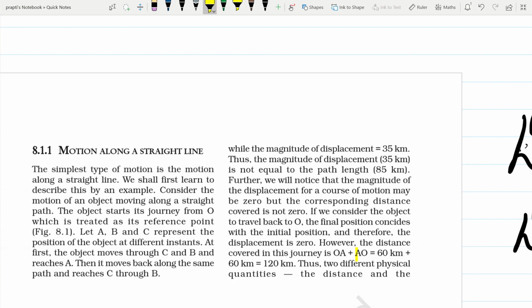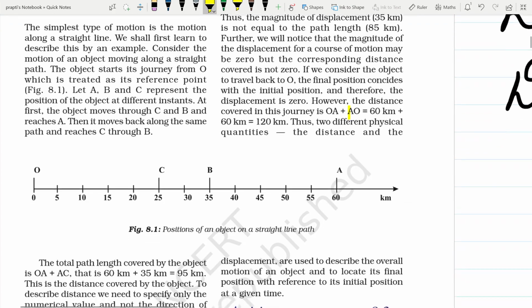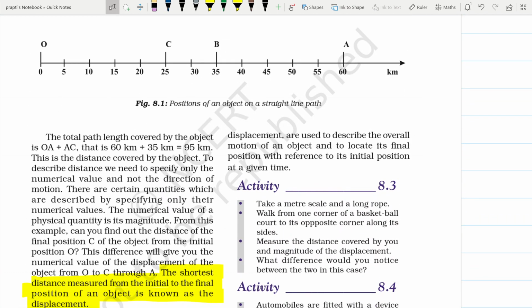However, the distance covered in this journey is OA plus AO, which is 60 kilometers plus 60 kilometers, equal to 120 kilometers. Thus, two different physical quantities, distance and displacement, are used to describe the overall motion of an object and to locate its final position with reference to its initial position at a given time.